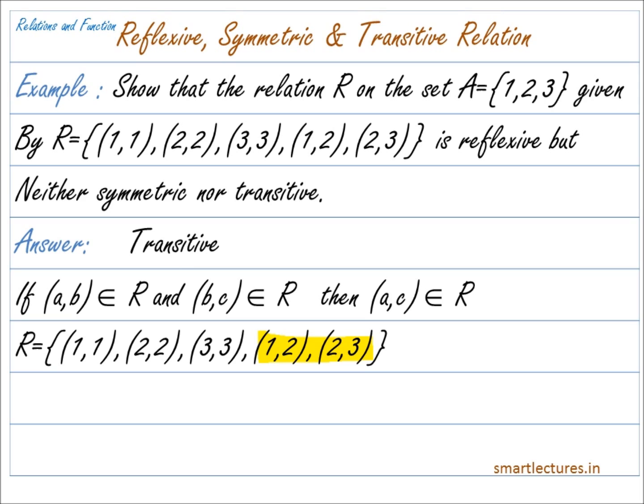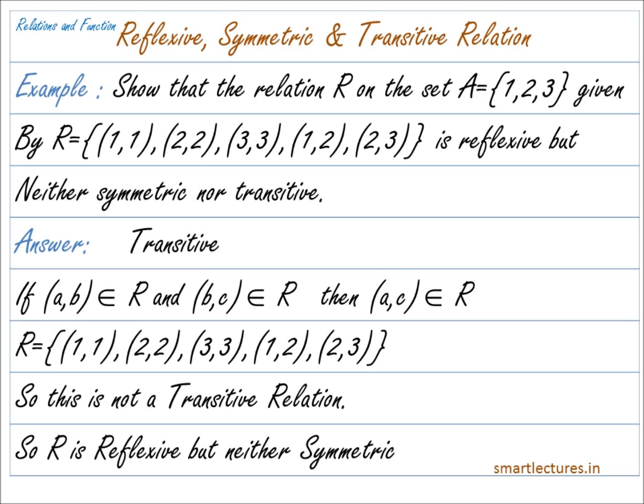This relation will be transitive if (1,3) is also related. But (1,3) is not a part of this relation. That means this relation is not transitive. So this relation is reflexive but neither symmetric nor transitive.